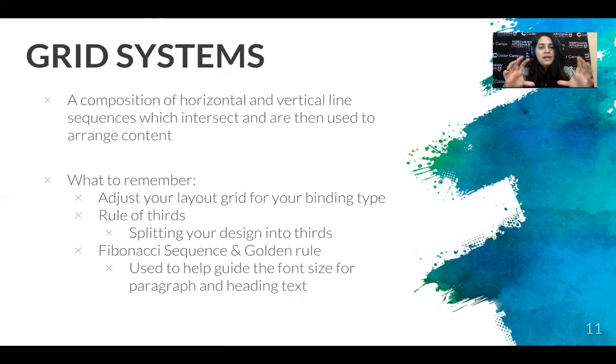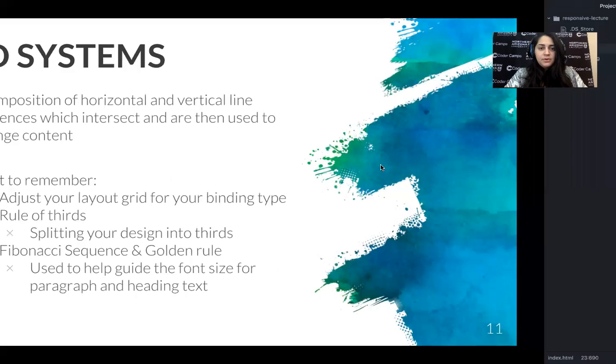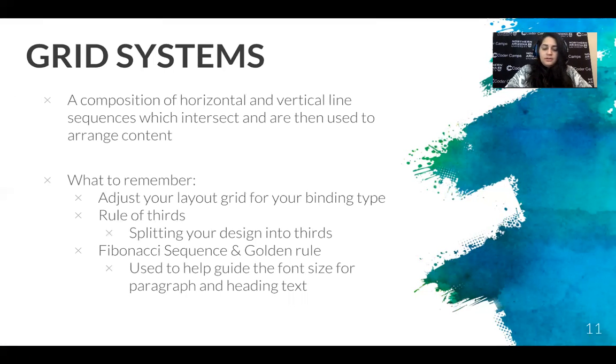So as humans, we like seeing things a certain way, and in nature and through studies, it has been shown that splitting it into thirds, or the golden rule, is appealing. Let me show you an example of the golden rule here so you can better understand what I'm talking about.